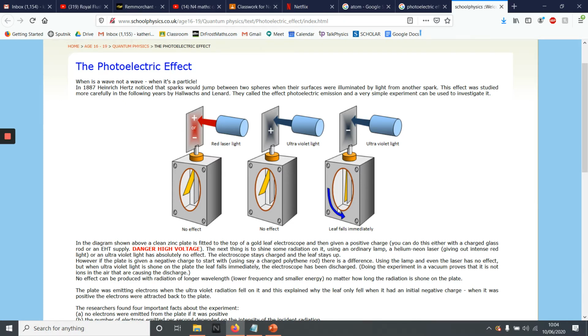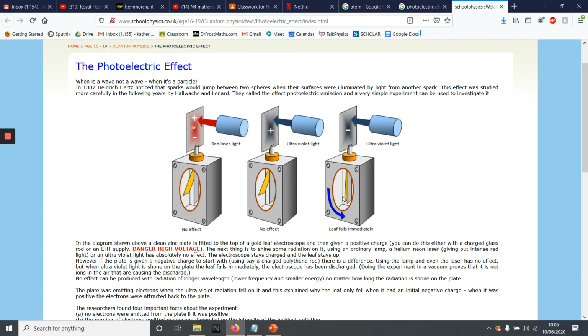Now let's explain why we see no effect here, but we see that the system is discharged when we shine ultraviolet light while it's negatively charged. We discussed earlier that the energy of a photon and the frequency of a photon are linked. Energy is equal to Planck's constant multiplied by the frequency.